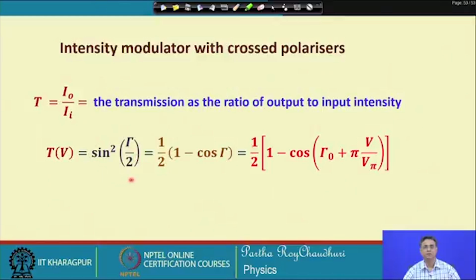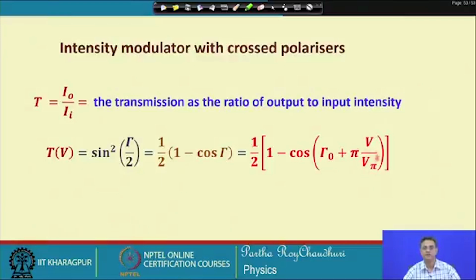You can rewrite this as 1 minus cosine tau, and you can further rewrite it because the phase retardation tau will be equal to tau 0, the birefringence without the field, plus the part due to the field, which is proportional to the field. V pi is the half wave voltage, and V is the applied voltage. So, this will appear in this form.